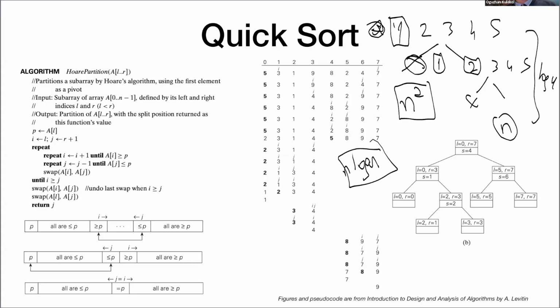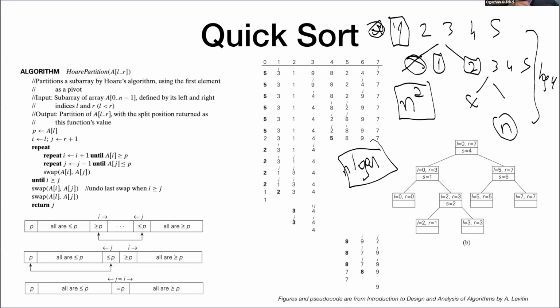So in terms of the master theorem, quicksort is no different than merge sort, assuming that the pivot element splits the input into two equal partitions.